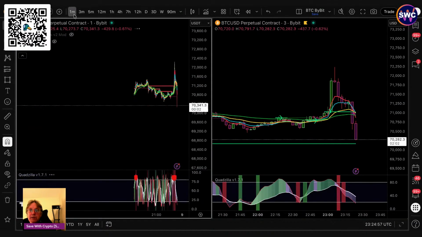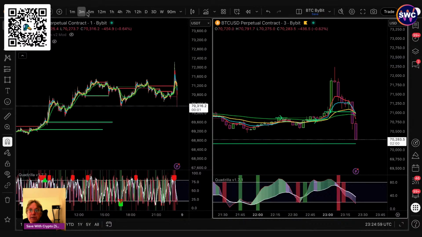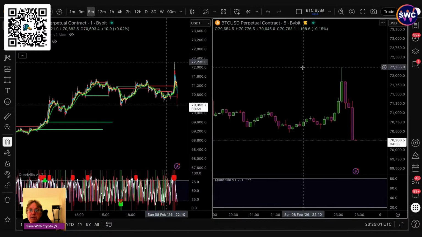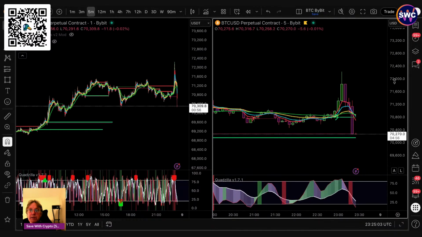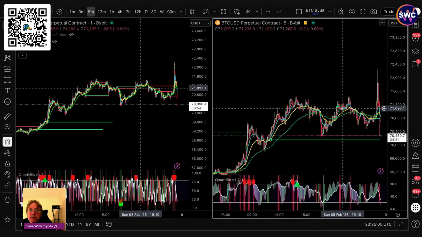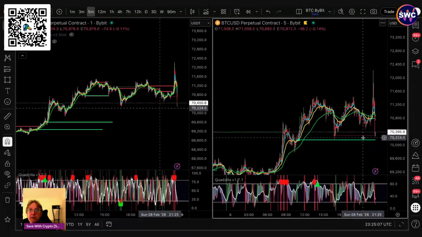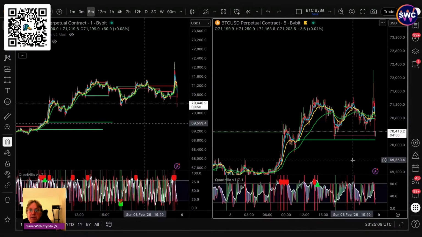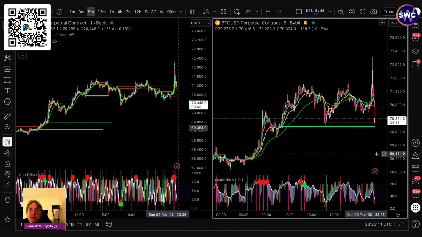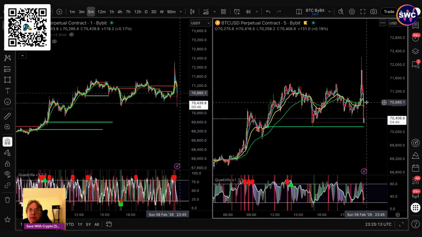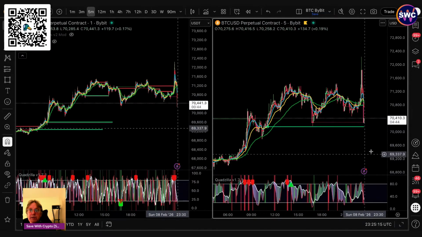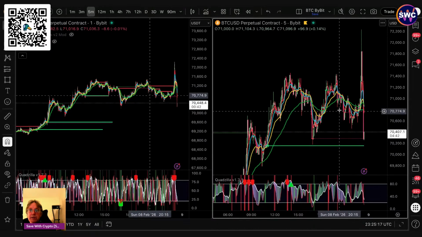Oops. So I know we always use these silly time frames, don't we? 5 minute. Okay, so that one there just came down, just completed step 3 of that retracement there.